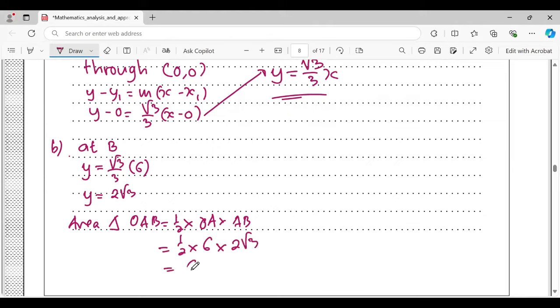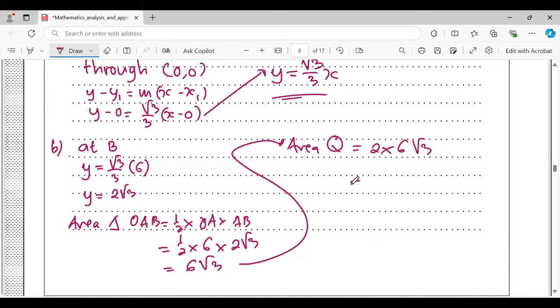So it is 6√3. So the area of the quadrilateral equals 2 times 6√3, which is 12√3. This is the solution.